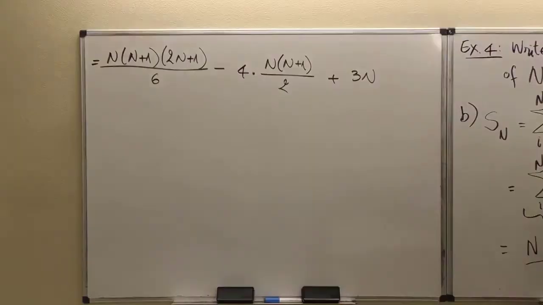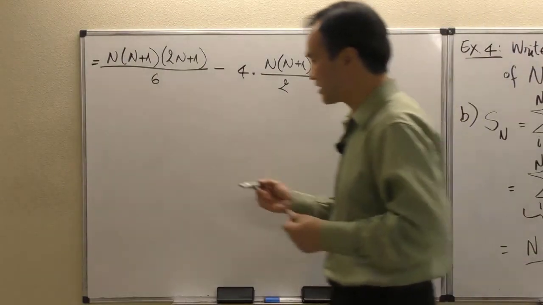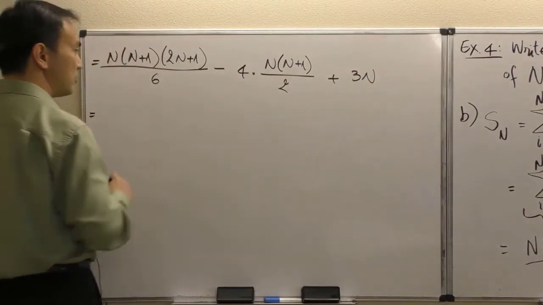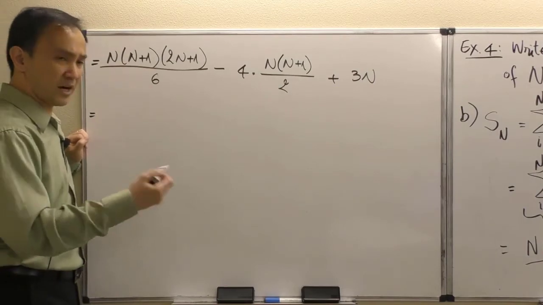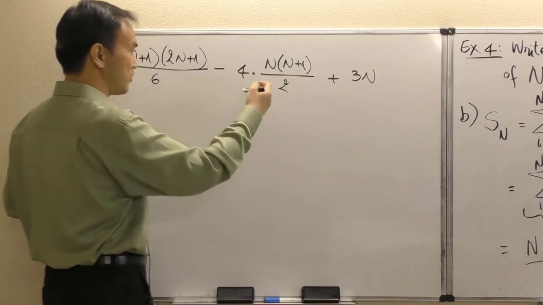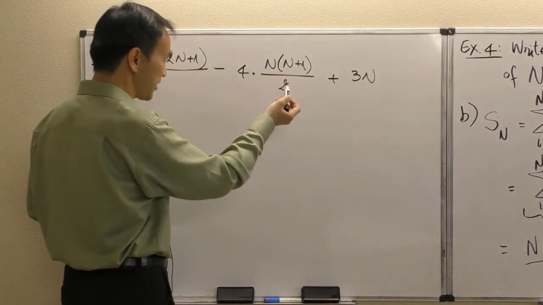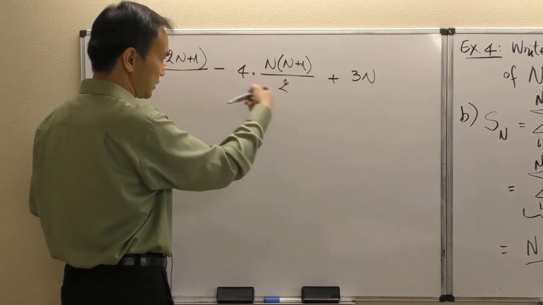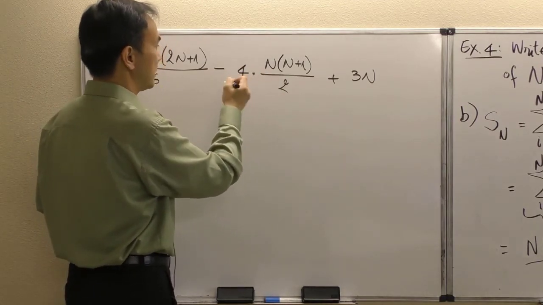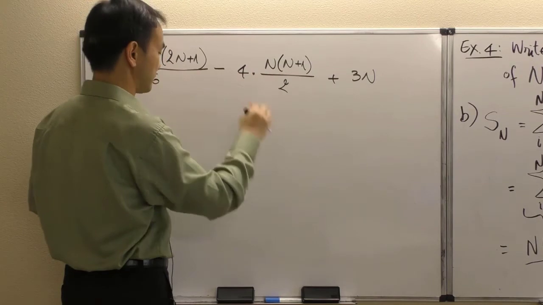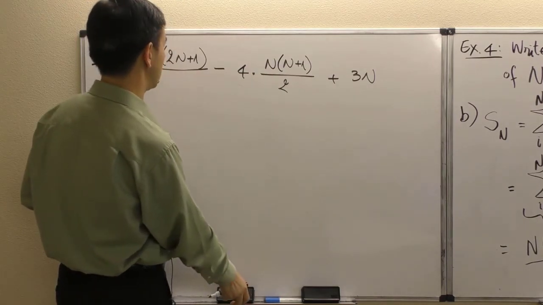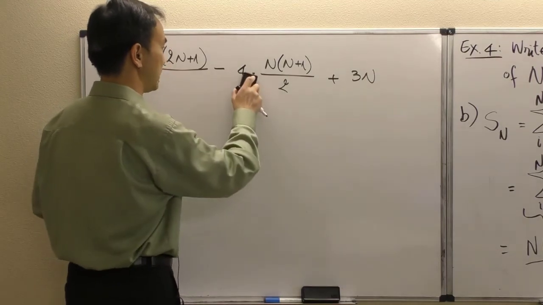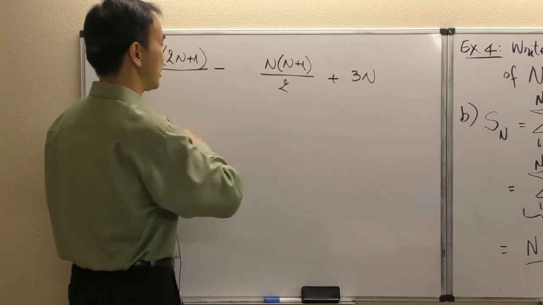But I am not quite satisfied with this answer because it still looks quite lengthy, so I'm going to start doing some simplification. The 4 here is going to cancel with that 2, but actually I'm going to hold on to the cancellation.